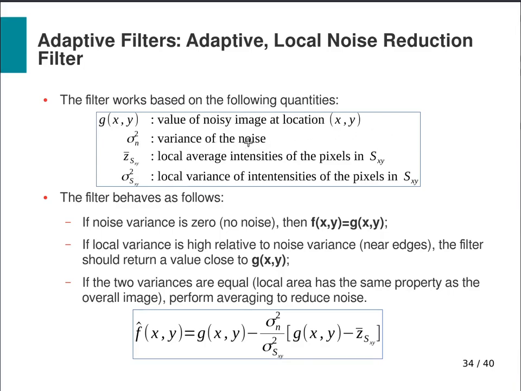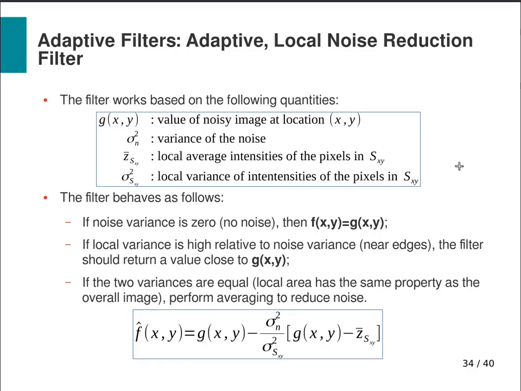We have the variance of the noise, sigma n squared. We have the local average intensity of the pixels in the neighborhood around the center pixel, which we show with z bar s of xy. And then we have the local variance of the intensities of the pixels in the neighborhood s xy, which we show as sigma squared s xy.